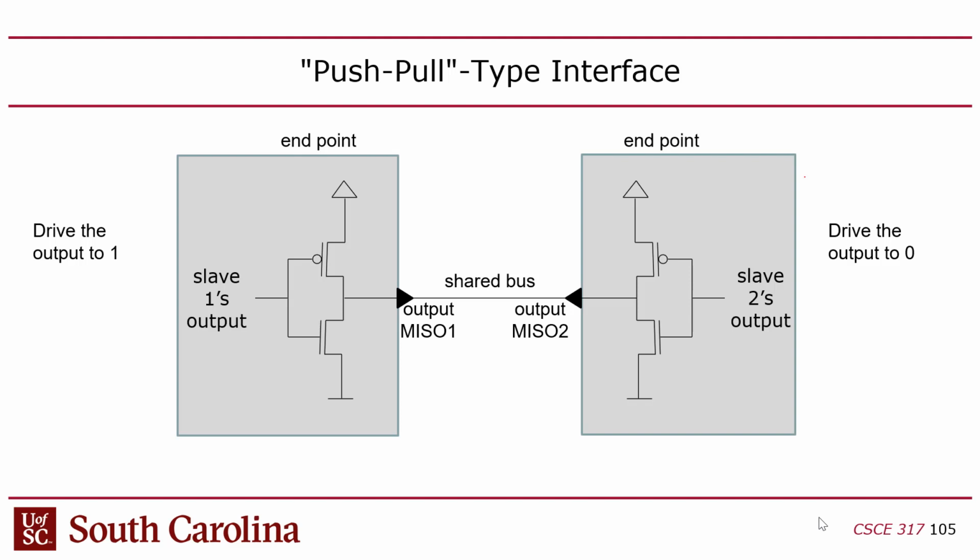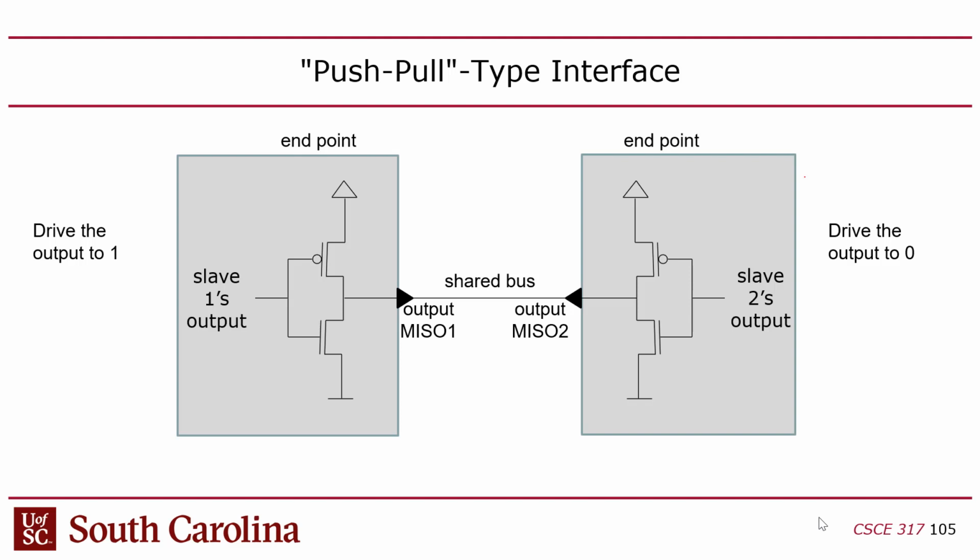And I only mention this because a push-pull driver is actually a CMOS inverter. So you have an input here that's connected to both gates, and if that input is 0, it's going to turn on the PMOS and pull up, right? And an input of 1 pulls down, right?